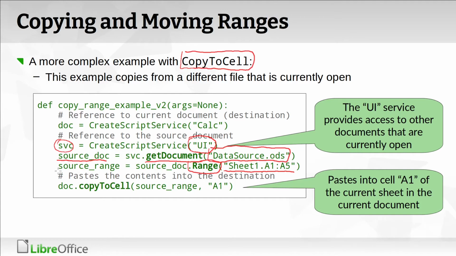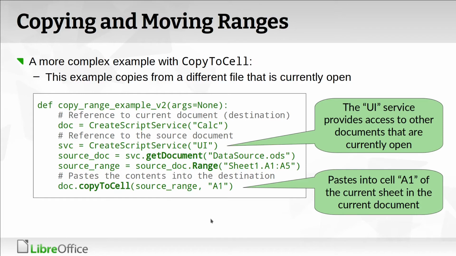Okay, so now we have this source range. And we can use this source range with the copy to cell method. So see here that we are using this source range from the datasource.ods file as the source, and we are pasting the contents into cell A1, okay?